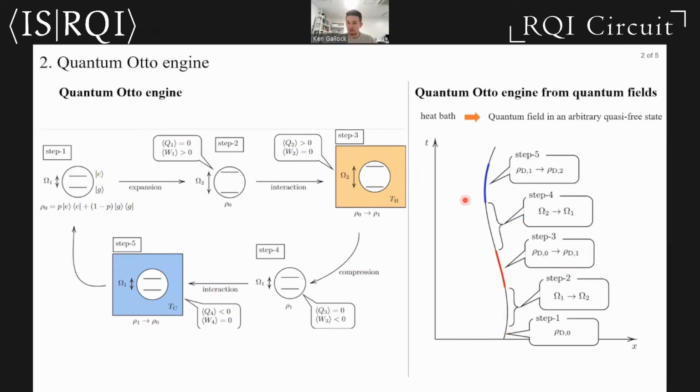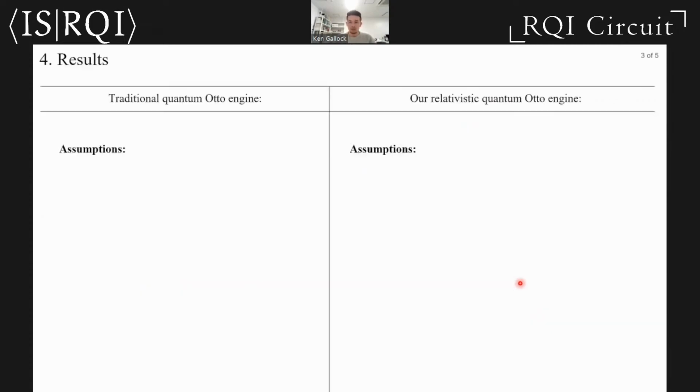And the trajectory can be anything. And also, it doesn't have to be a quasi-static process, meaning your interaction between the qubit and quantum field can have arbitrary time dependence. Okay? So this is our setting, which is very general.